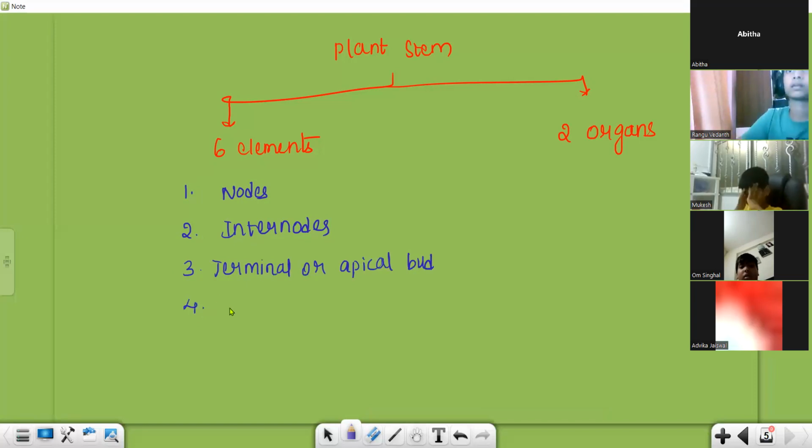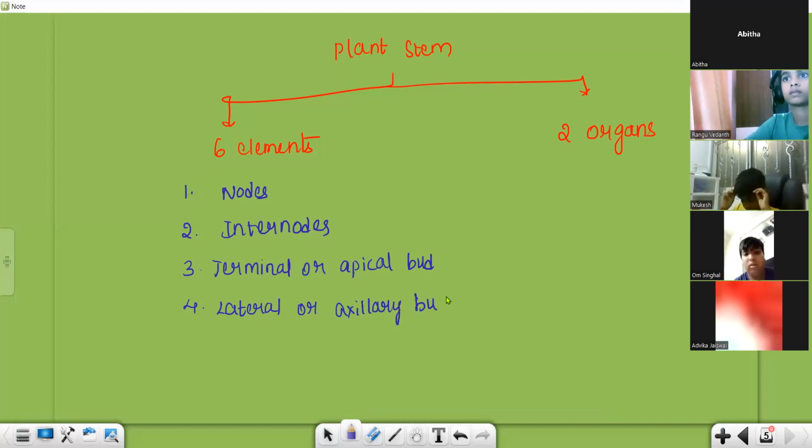Okay, next, lateral or axillary bud. So earlier we have discussed if a bud is present in the axil, it is called axil bud. Axil bud is also called lateral bud, whereas terminal bud is also called apical bud.